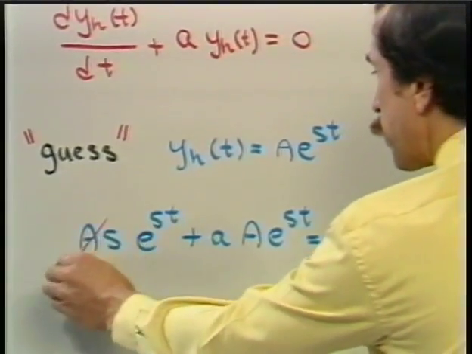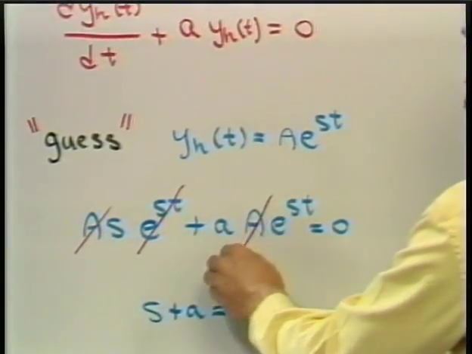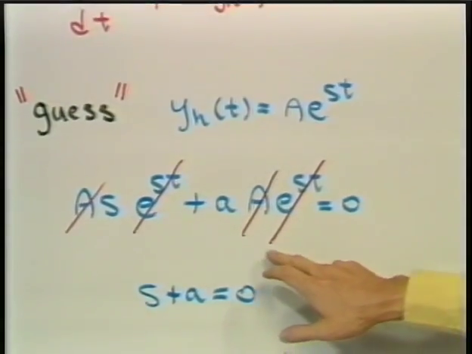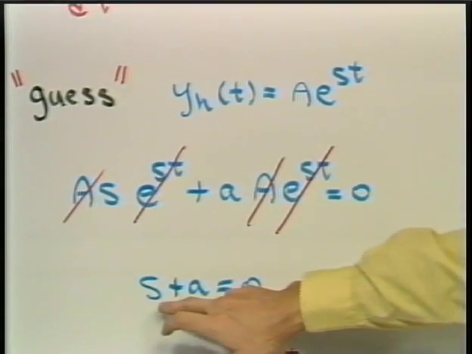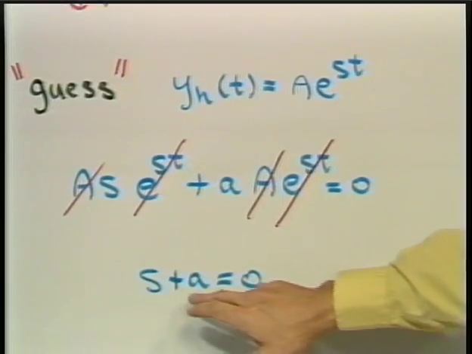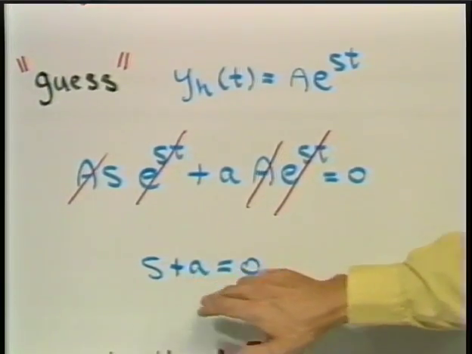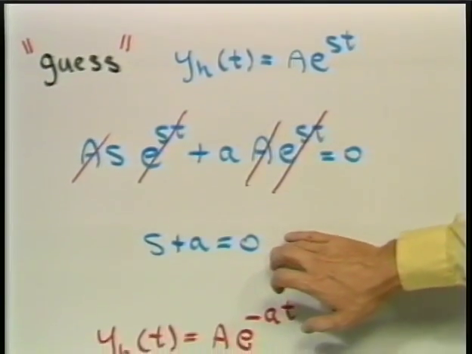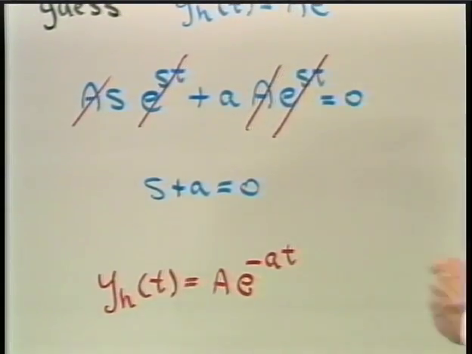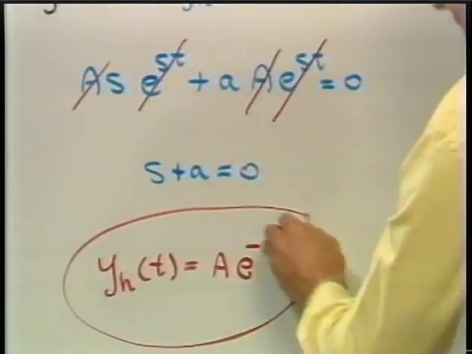So let's just cancel those out on both sides of the equation. And what we're left with is an equation that specifies what the complex exponent must be. In particular, for the homogeneous solution, s must be equal to minus a. And so finally, our homogeneous solution is as I've indicated here.